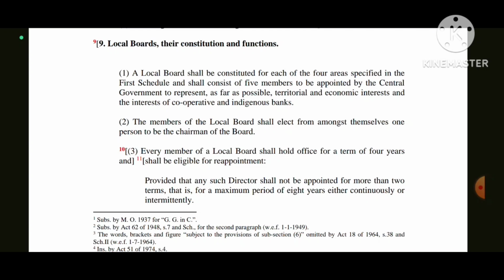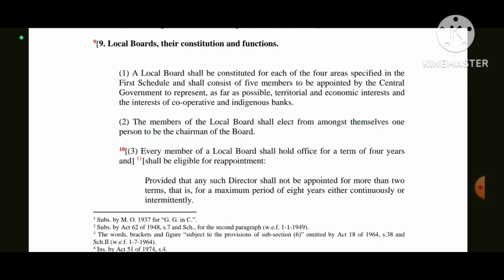Then subsection 2, the members of the local board shall elect from amongst themselves one person to be the chairman of the board. So among the 5, one can be elected as the chairman. Every member of a local board shall hold office for a term of 4 years and shall be eligible for reappointment, provided that any such director shall not be appointed for more than 2 terms, that is for a maximum period of 8 years either continuously or intermittently.